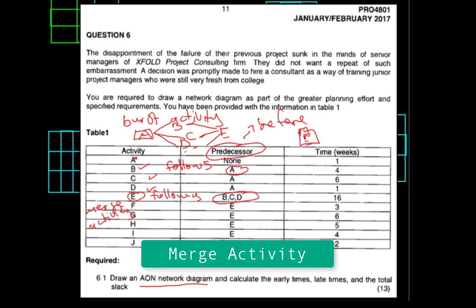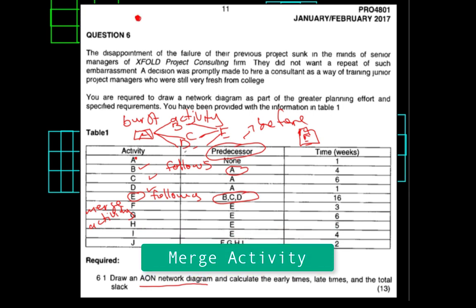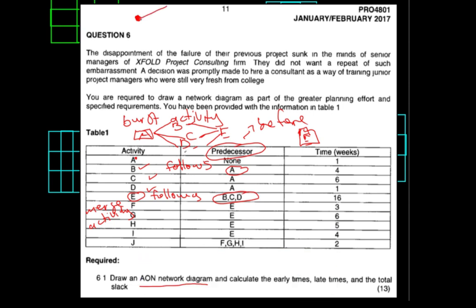All right, so just to recap, in the burst activity, we have activity A here, and then the rest that follow go out like that. That is a burst activity. And then we've got a merge, where the next activity comes after all these three, meaning after all these, we go there. This is what we call the merge activity.